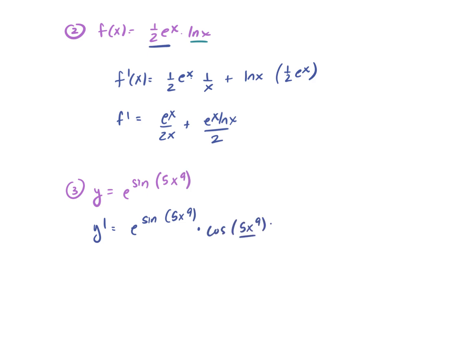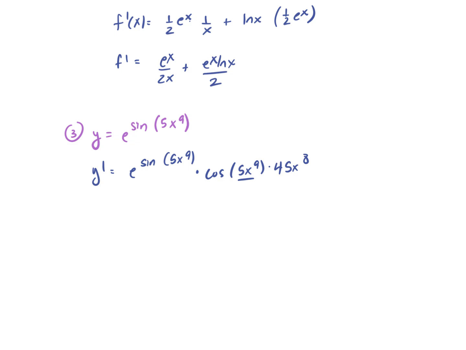And then we do chain rule, so we're going to get 45x to the 8th power. So my final answer, we'll say y prime, you're going to get 45x to the 8th cosine 5x to the 9th, and then e to the sine of 5x to the 9th power.